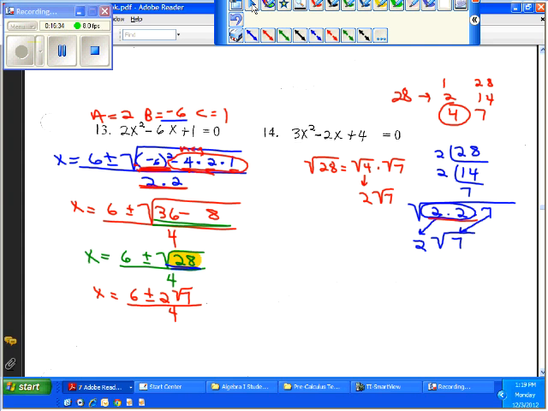We are having irrational roots here, and we have to know how to show those answers. Okay? We see how we got to the bottom red part there. So we're going to have then x is equal to 6 plus 2 square root 7 over 4, or x equals 6 minus 2 square root 7 over 4.